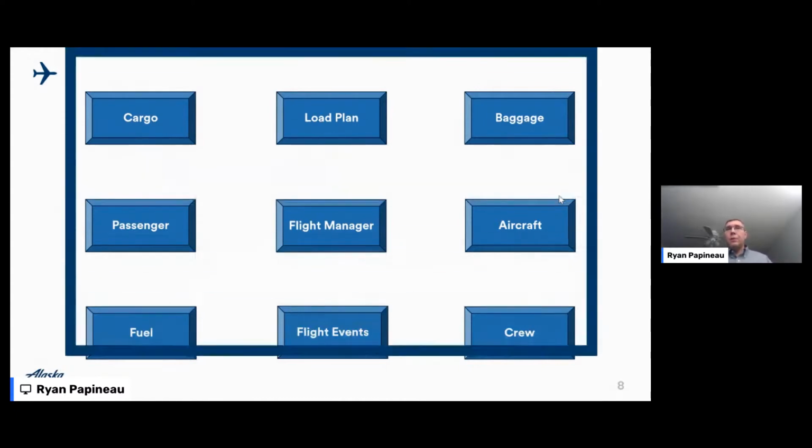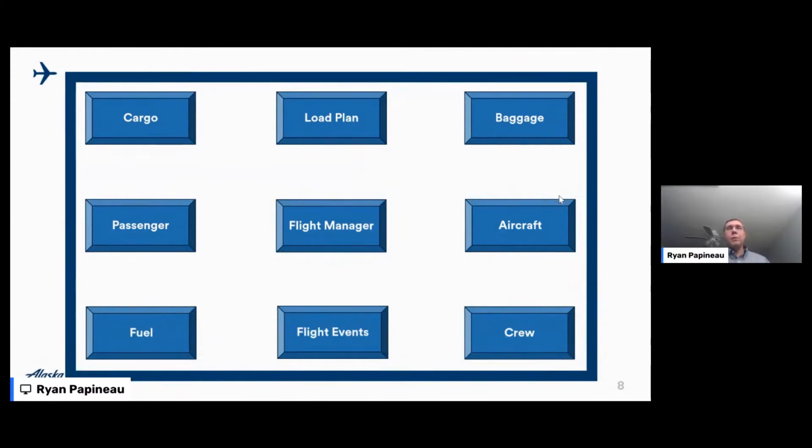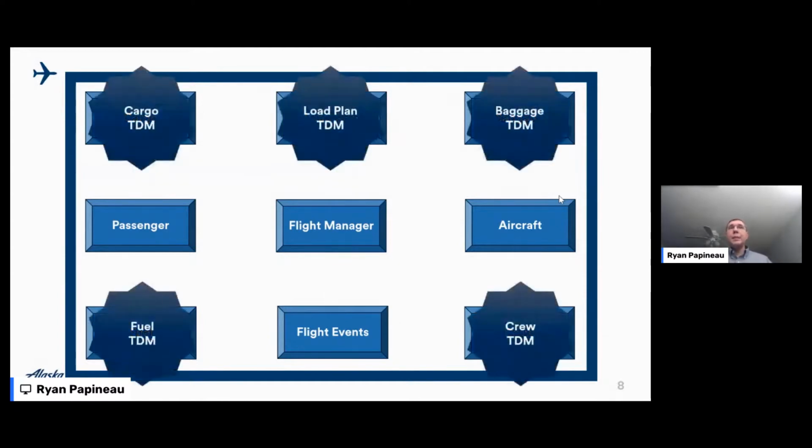So our first one is environment. We partitioned off our own environment called CERT, short for certification, and put all of our applications in that environment.